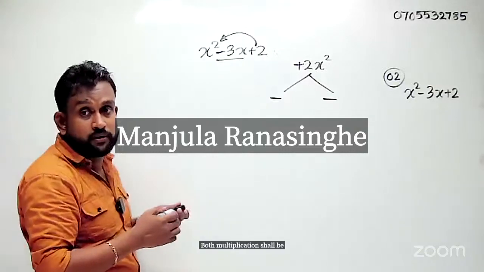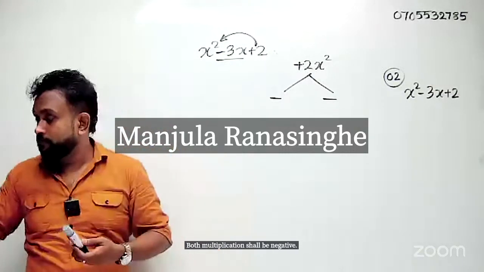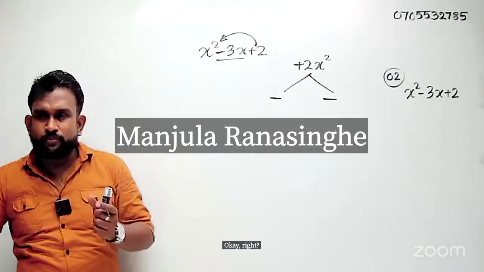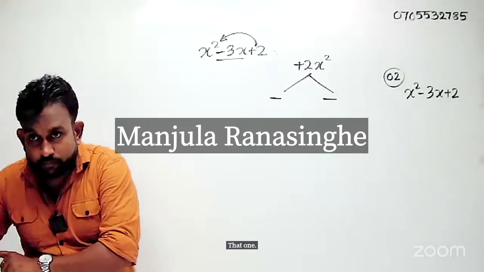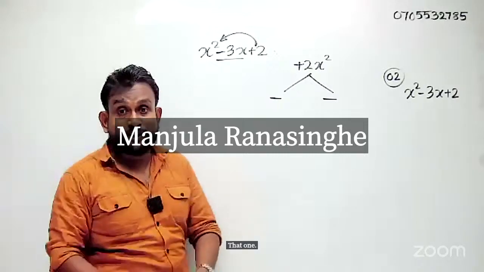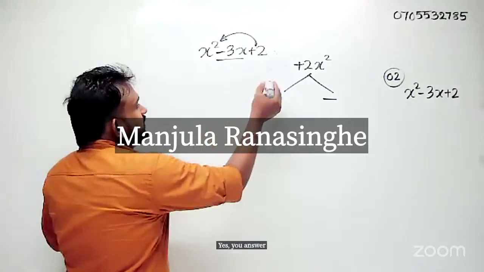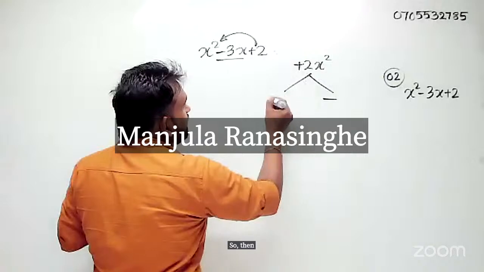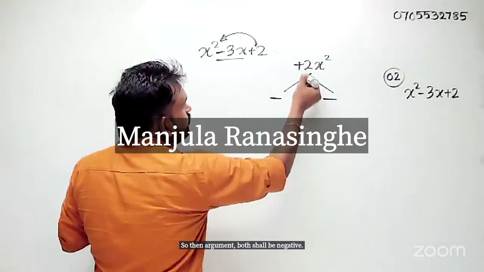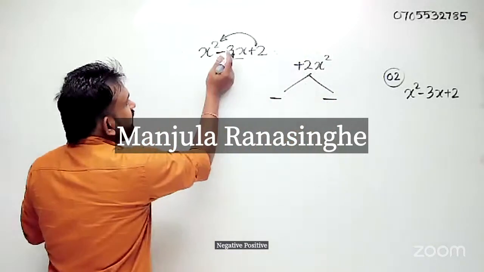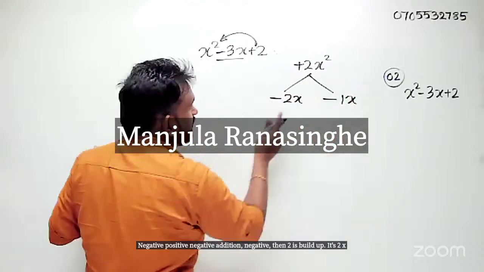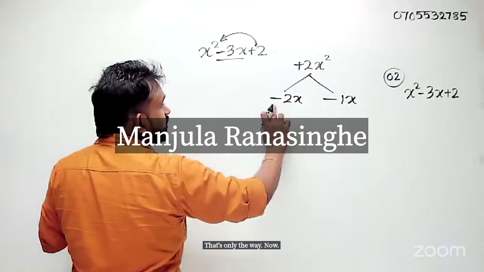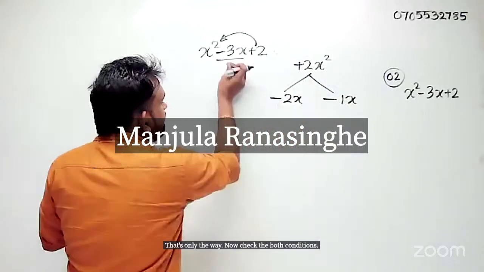So 2 is built up from 2x and 1x. That's the only way. Now check both conditions: product positive, sum negative 3x.